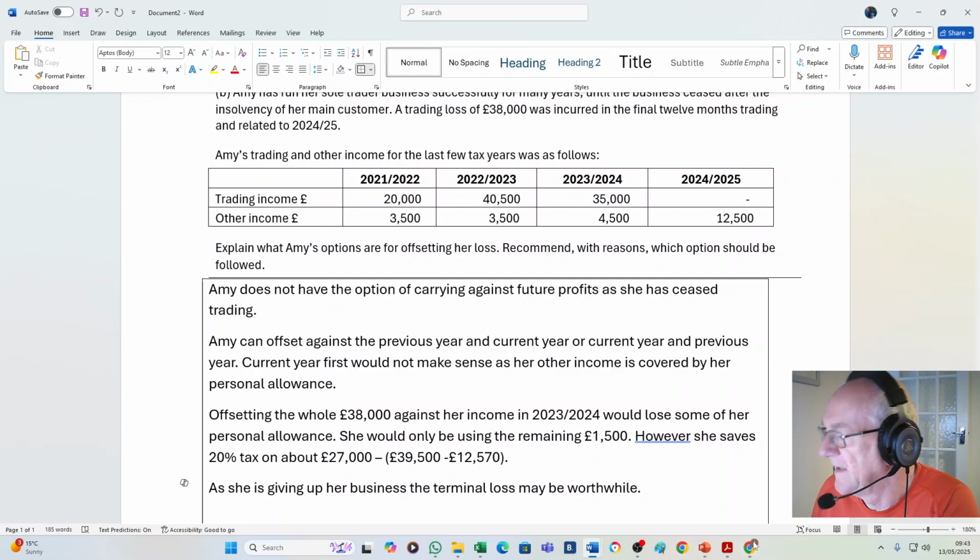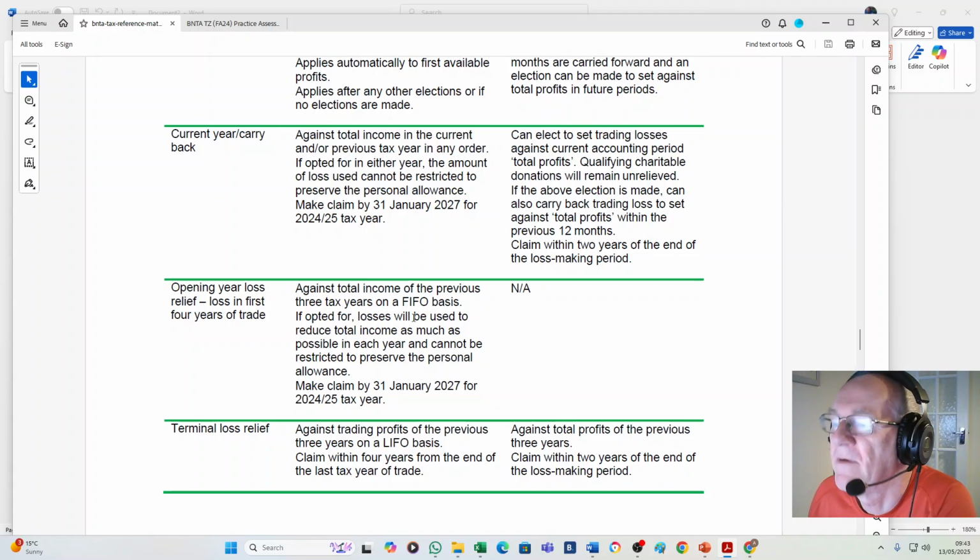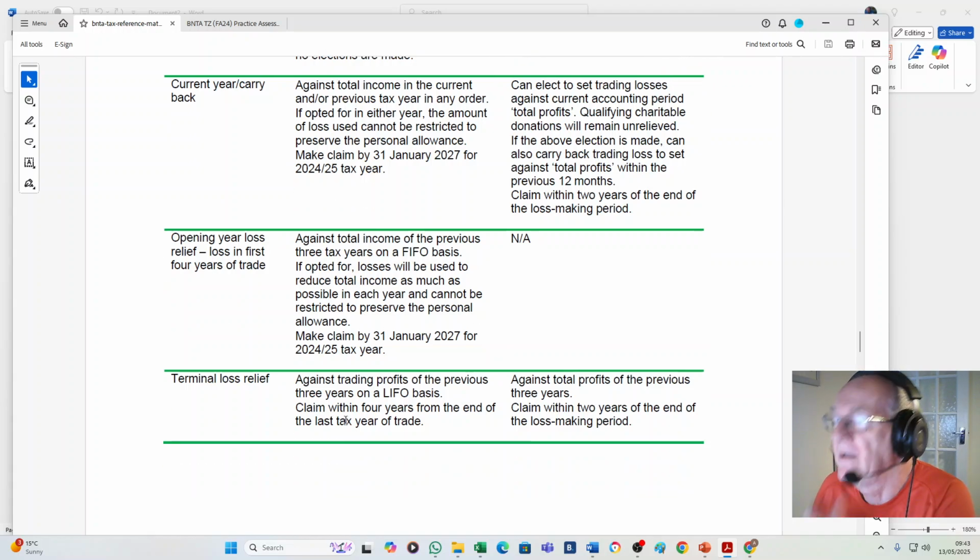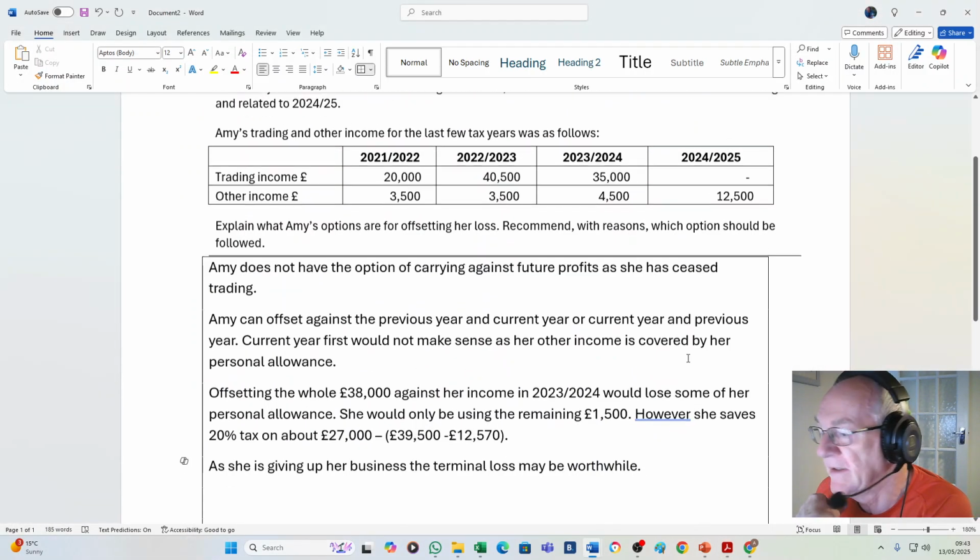Terminal loss. Right, let's look. Reference material, terminal loss. Trading profits of the previous 3 years LIFO based, but it's only trading profits, not her other income. Previous 3 years, claim within 4 years. She has plenty of time to claim. End of trade.